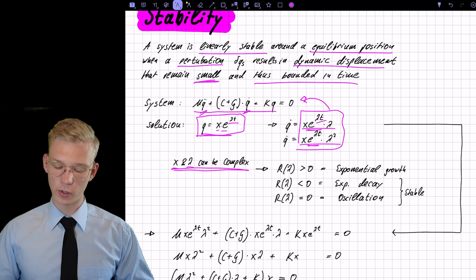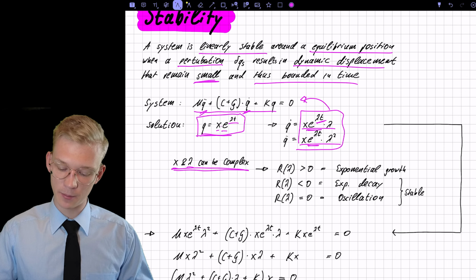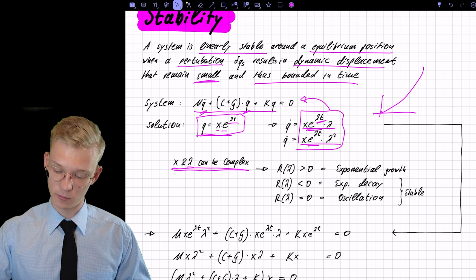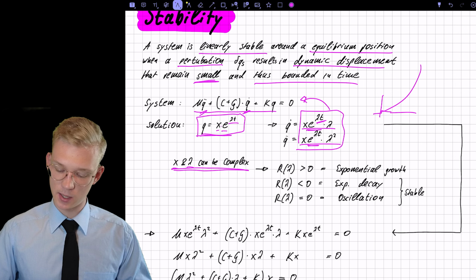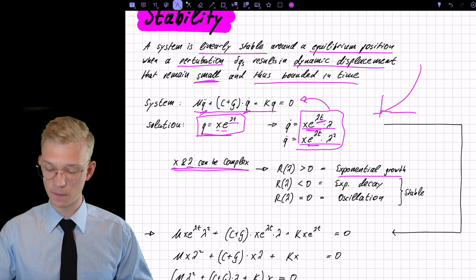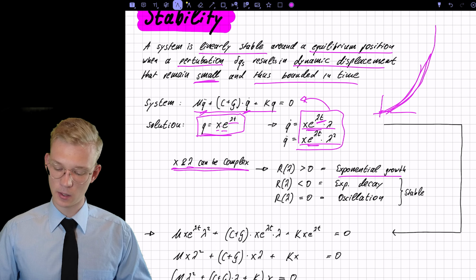And if we now look at the lambda specifically, and we see that, for example, lambda is a positive value, the function will look something like this. It's exponential growth. So the degrees of freedom are not coming back; they're going to infinity.